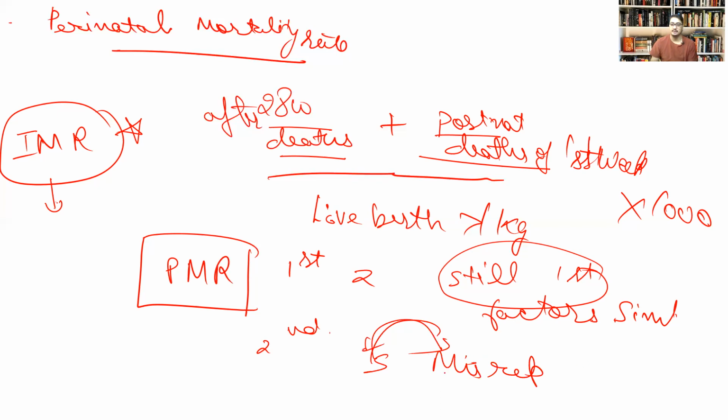So if we combine the two, this kind of false data created on account of misclassification of the mortality rates can get adjusted and give a true picture. So that is the perinatal mortality rate we are having.